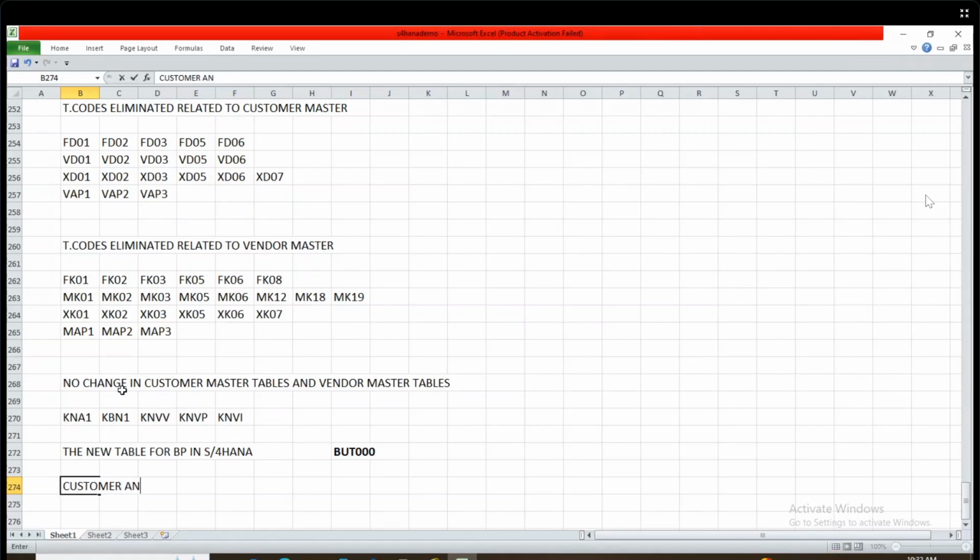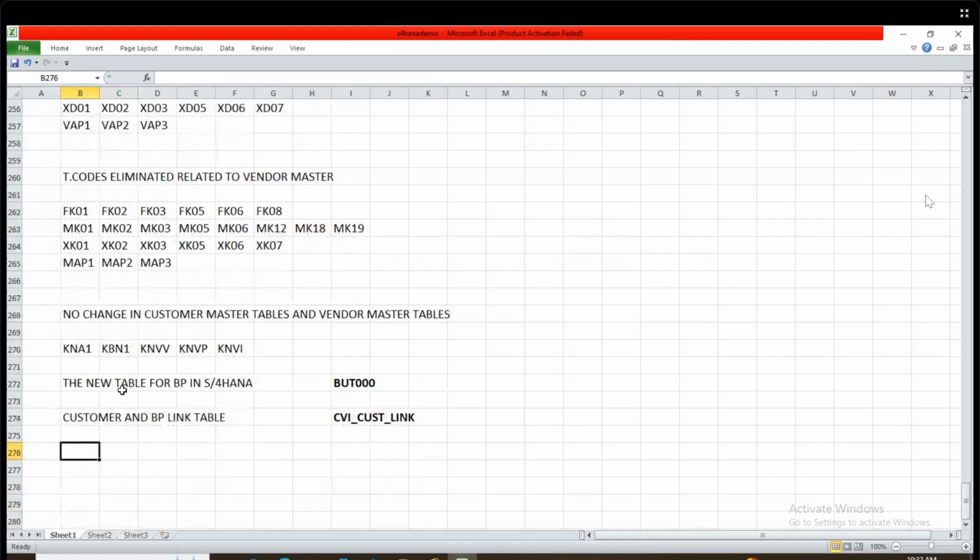Customer and BP link table: CVI_CUST_LINK.